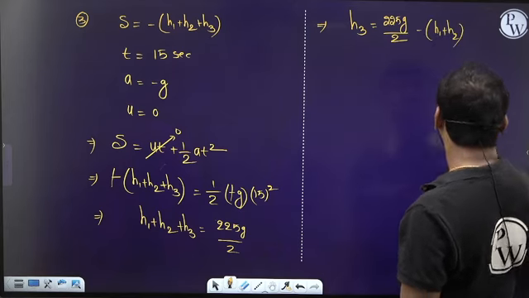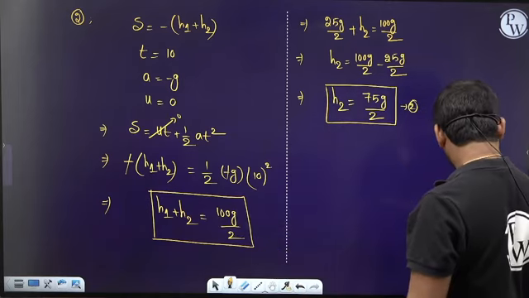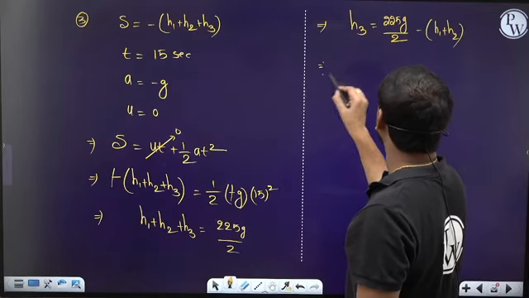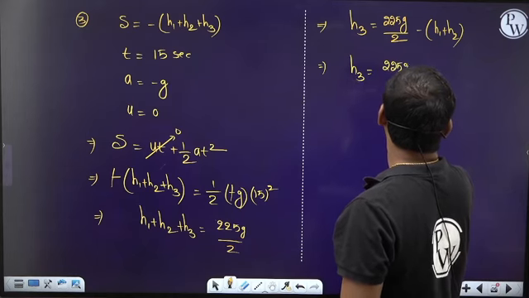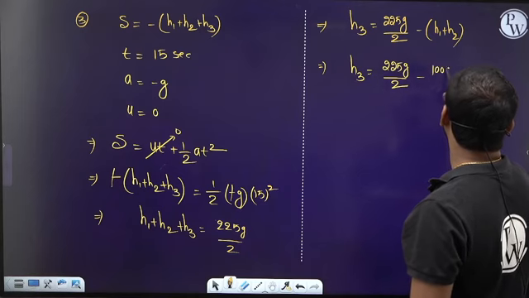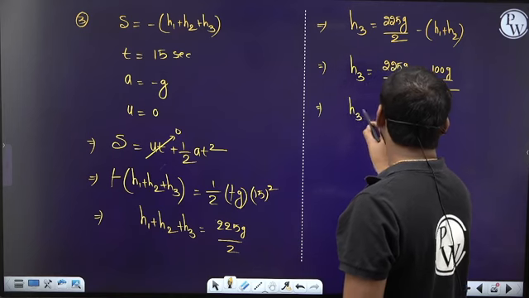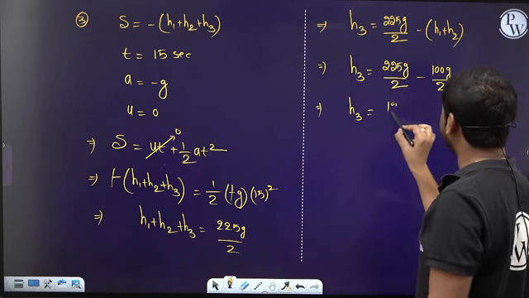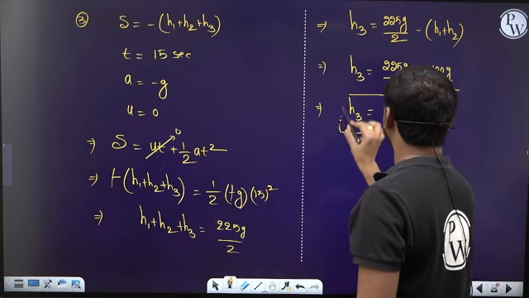We already got H1 plus H2, which is 100 g by 2. Therefore H3 is equal to 225 g by 2 minus 100 g by 2, which is nothing but 225 minus 100, which is 125 g by 2. So this is the H3 value.